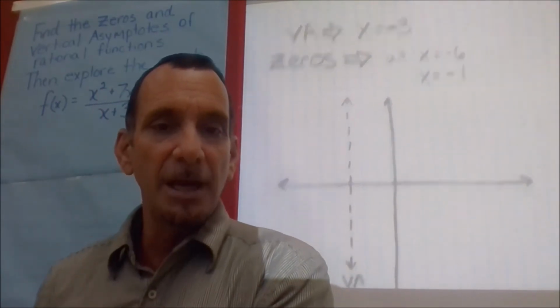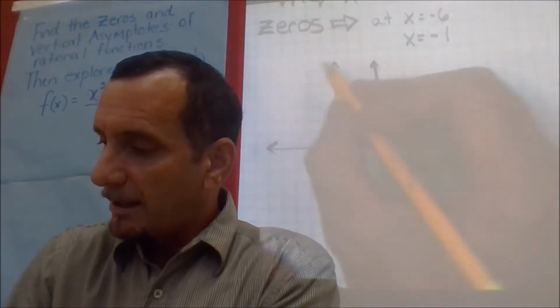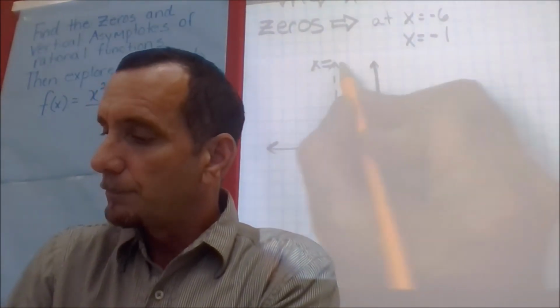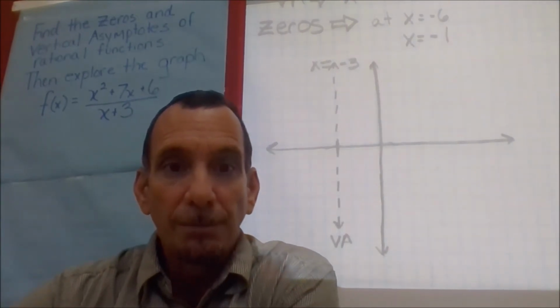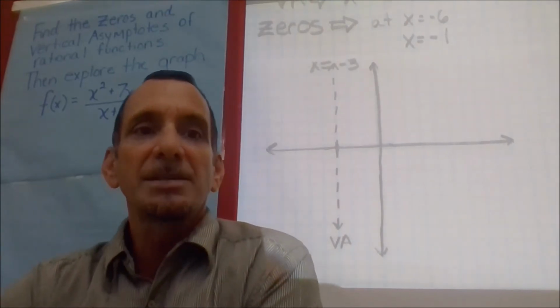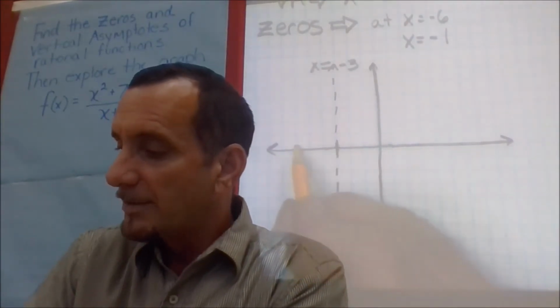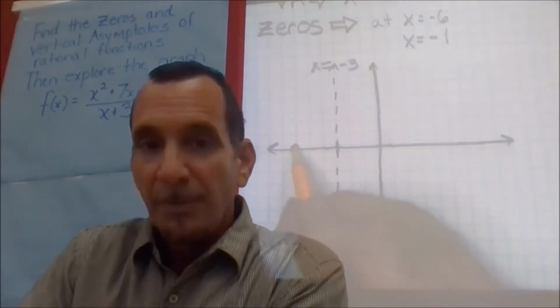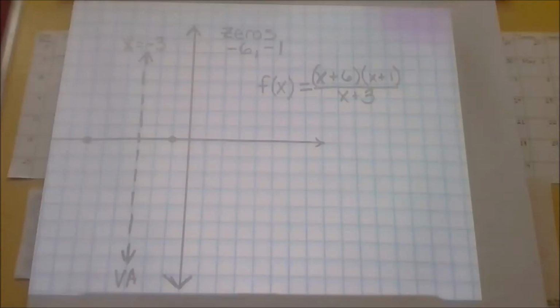And that VA is x equals -3. And then I'm going to mark the zeros, the places where the hyperbola crosses the x-axis, at x equals -6 and x equals -1.